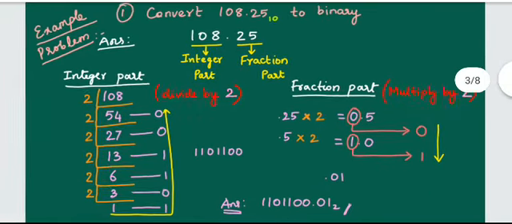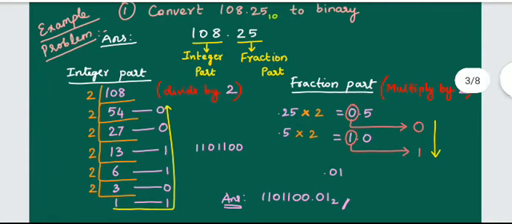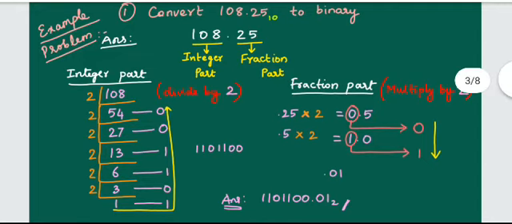Convert 108.25 to binary. 108.25 is given, a decimal number, base 10. 108 is the integer part and 0.25 is the fraction part.